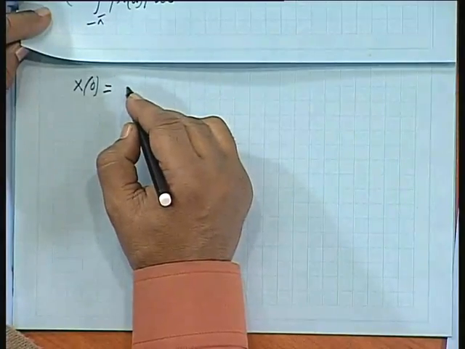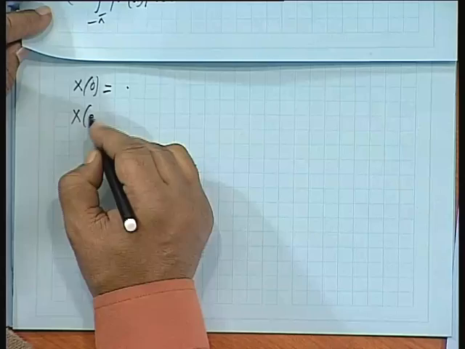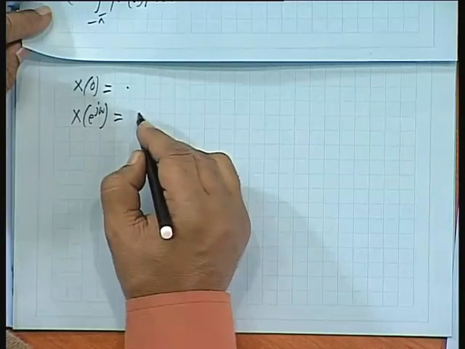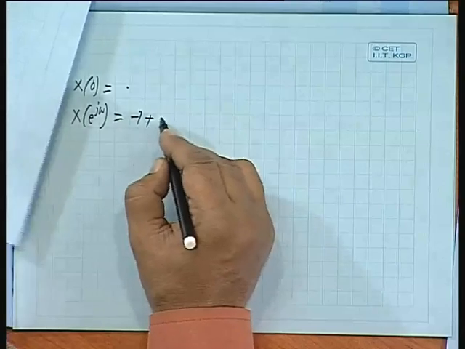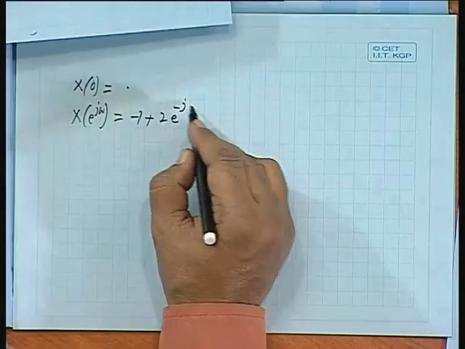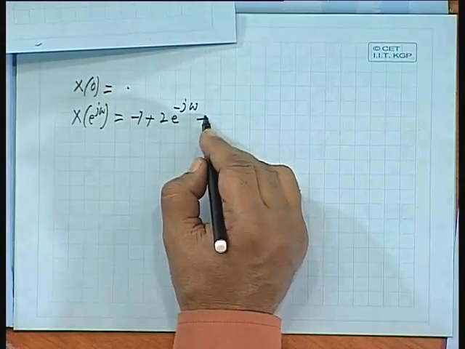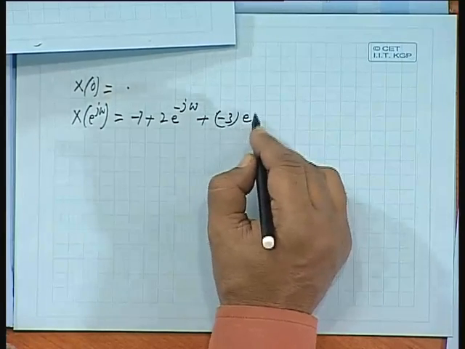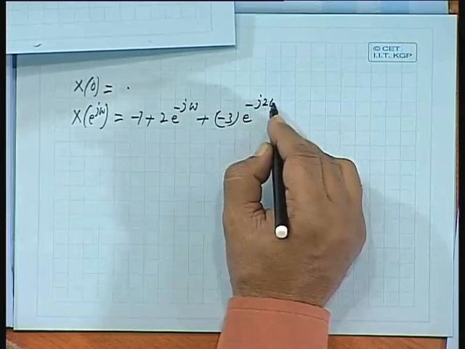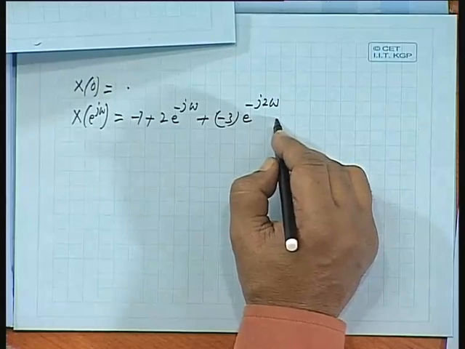All right, let us see what is X(e to the power j omega) first. It will be minus 1 plus 2 into e to the power minus j omega plus minus 3 into e to the power minus j 2 omega and so on.